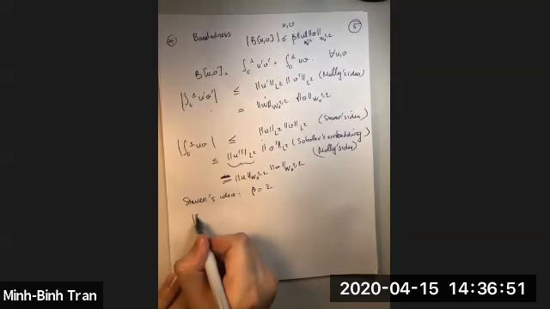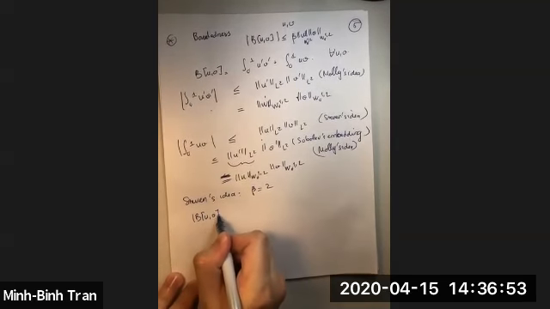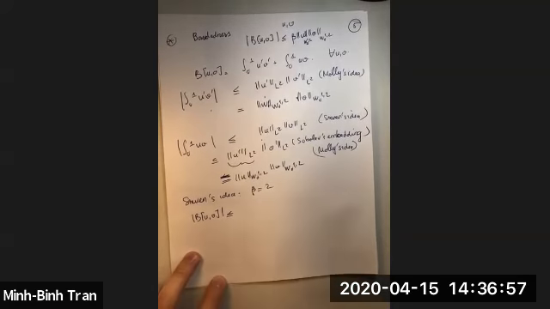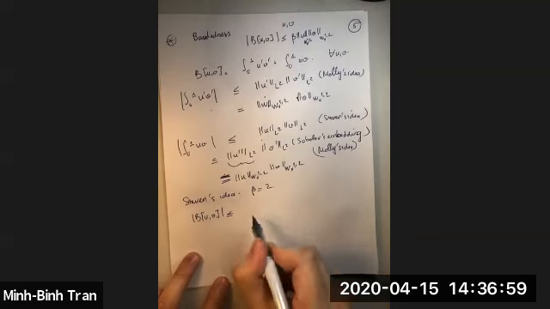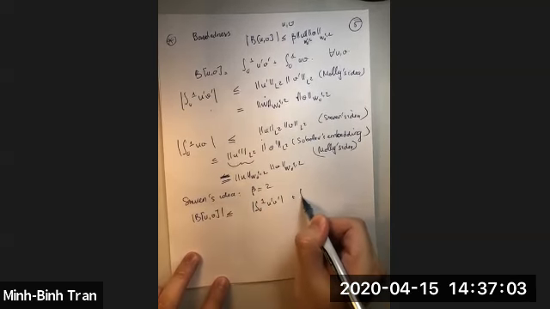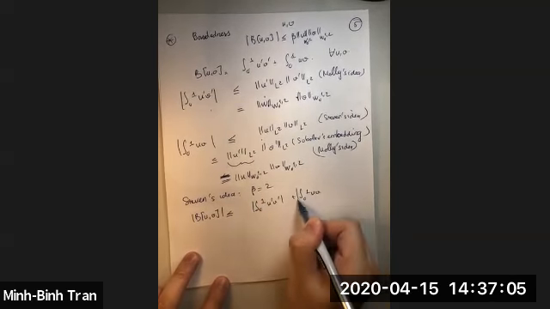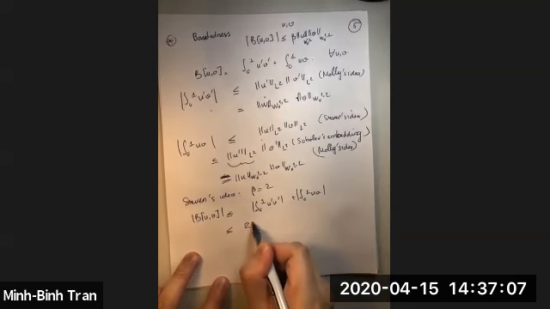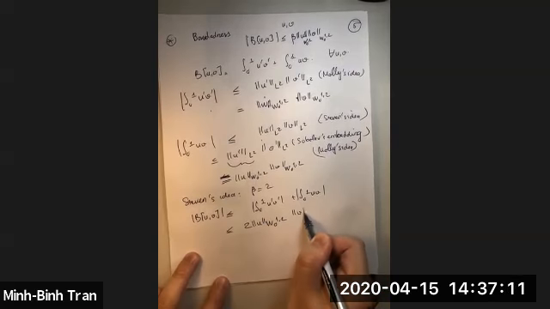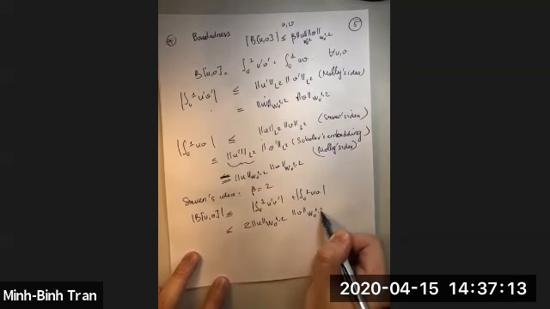Because when you take the absolute value of this bilinear form, it is smaller than the integral from 0 to 1 of U prime V prime plus the integral of UV, and then this is smaller than 2 times the norm of U and the norm of V.